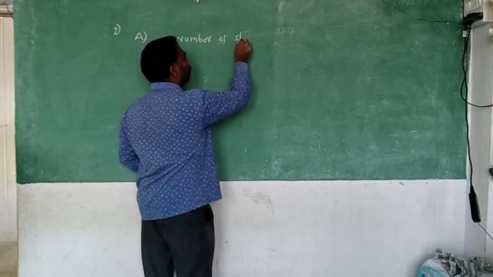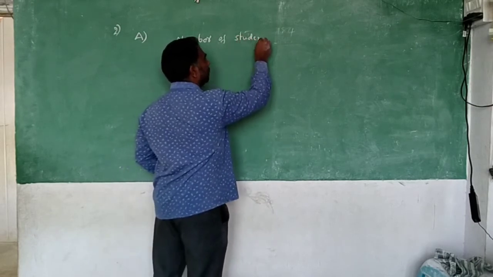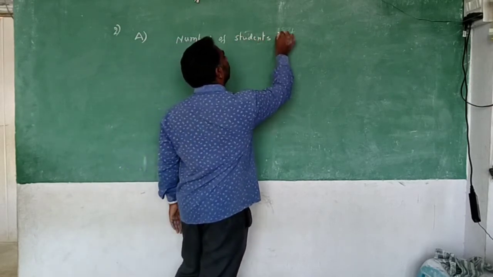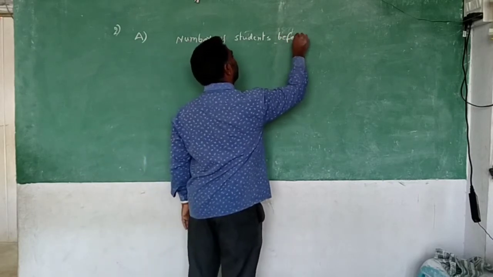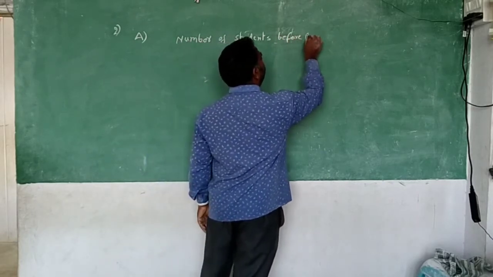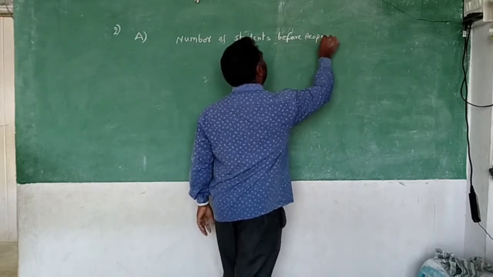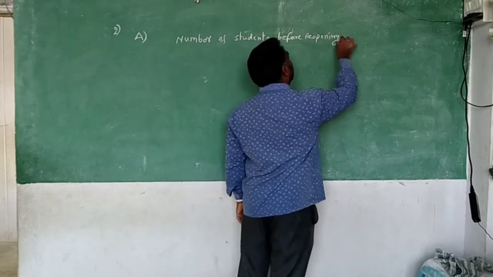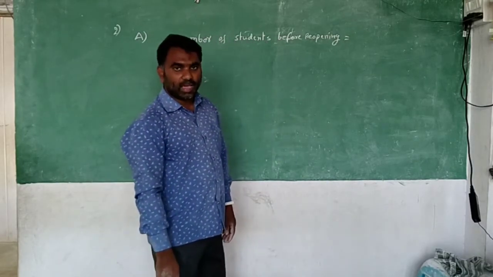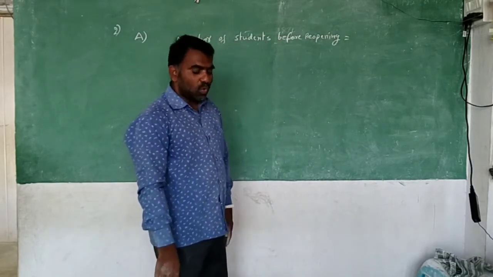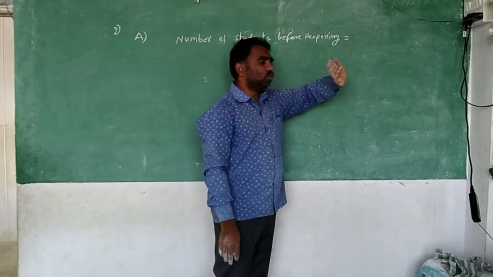Number of students before reopening. Reopening means before the holidays. Before reopening, how many students were there? Yes, 215. You have to write it. I won't write it now.